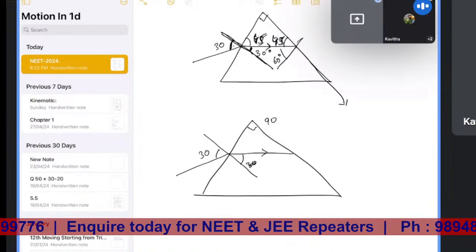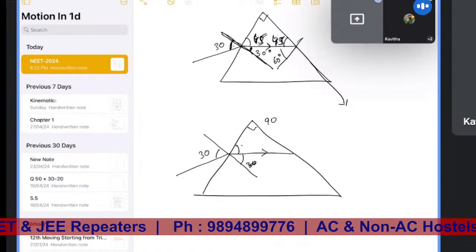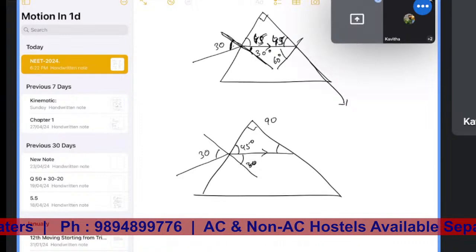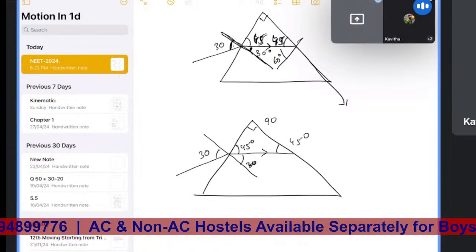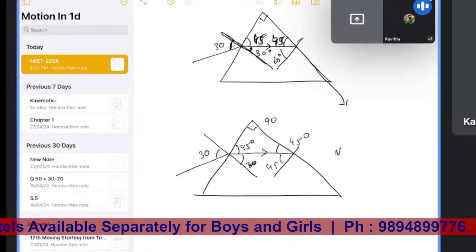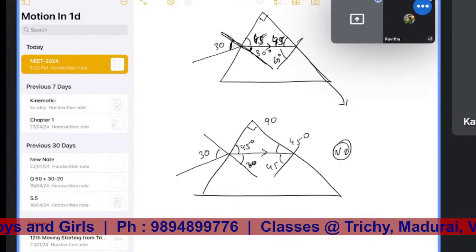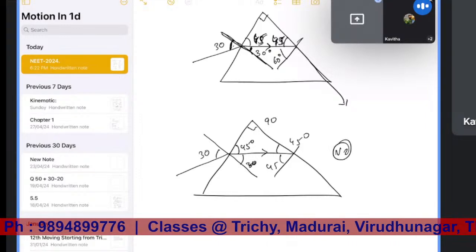This is parallel to the base. So if it is parallel to the base, then I can at the max say this is 45 degrees. So this will also be 45 degrees. If this is 45 degrees, this is 45 degrees, then root 2 comes as the answer. So now there is no indication of what kind of a prism it is.